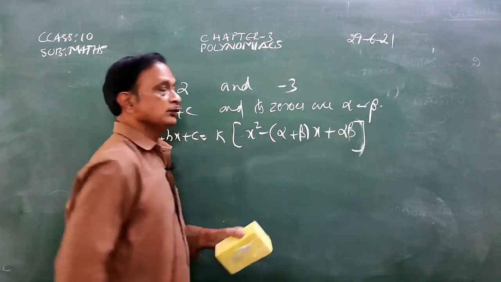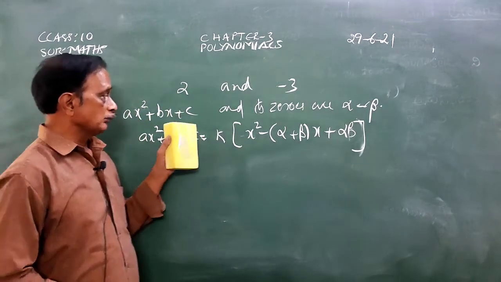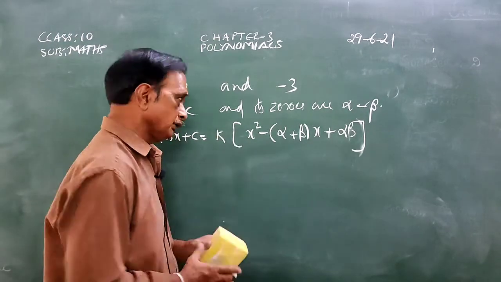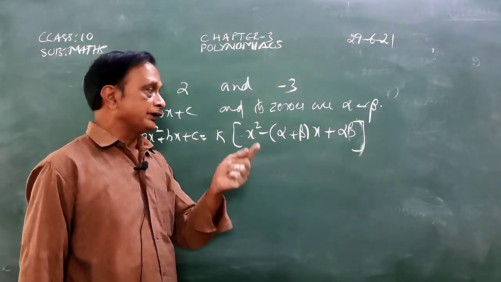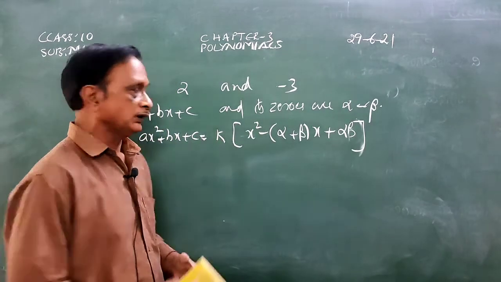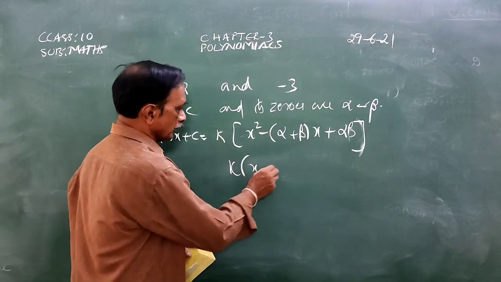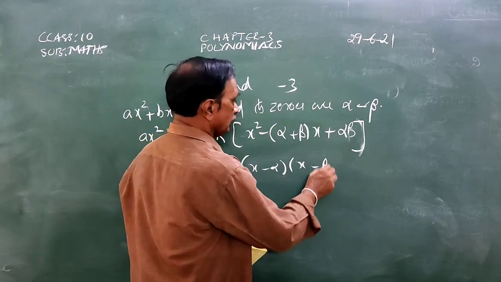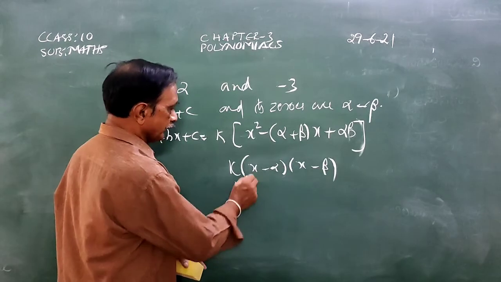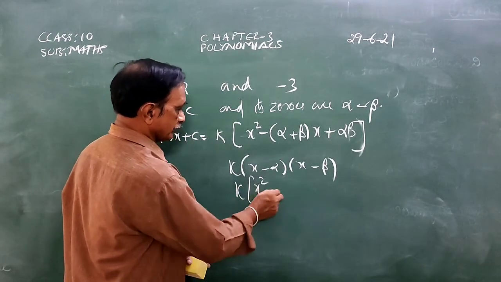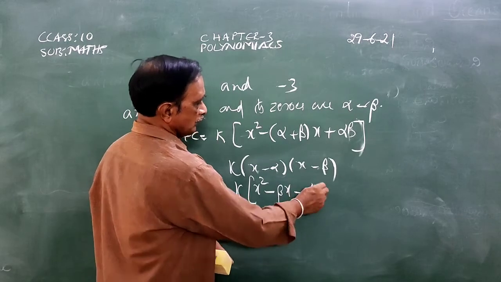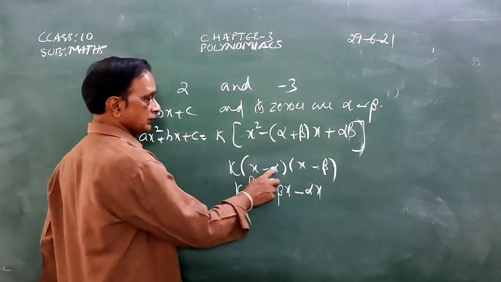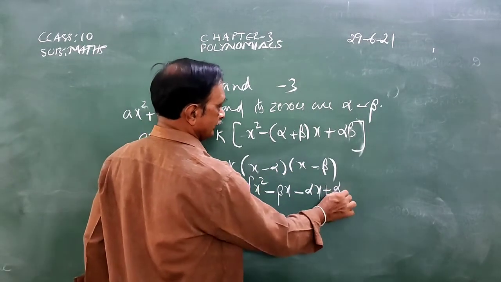Since alpha and beta are the zeros of the quadratic polynomial ax square plus bx plus c, it can be written in the form k into x minus alpha into x minus beta. This can be expanded as k into x square, minus beta x, minus alpha x, plus alpha beta.